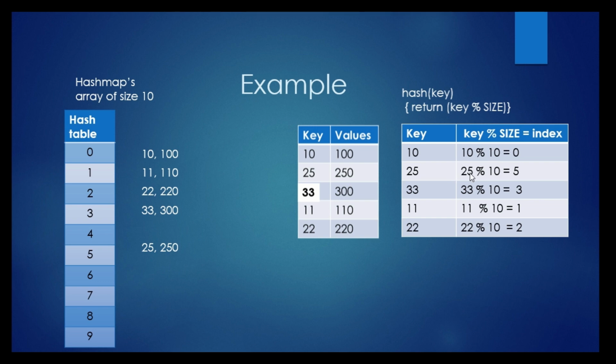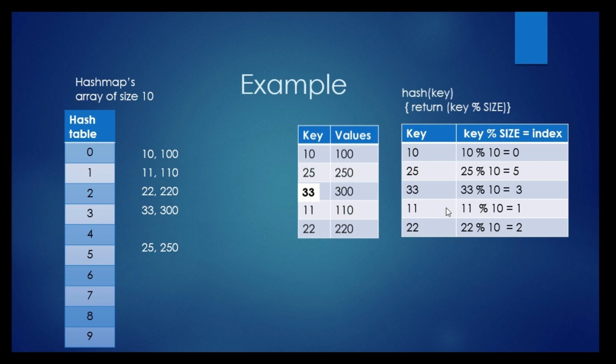We calculate the next one. We have 25. 25 modular 10 is 5. So this key value pair is going to be saved on index 5. We calculate the third one. We have 33 modular 10. The remainder is 3. So this key value pair is going to be saved on the third index.